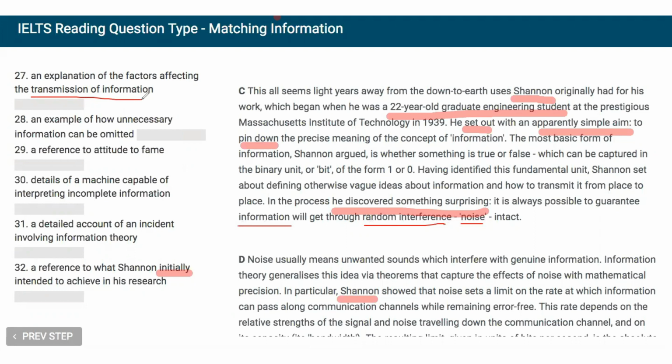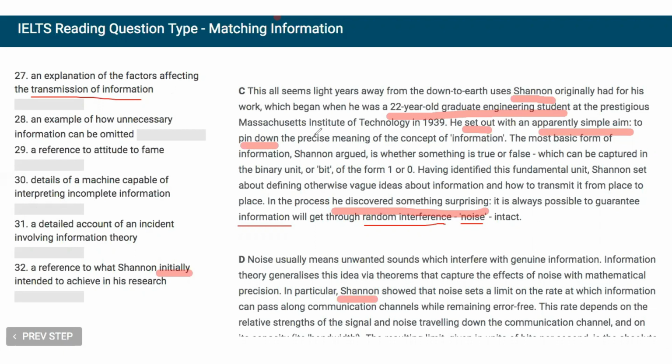So you have to make a choice between number 27 and number 32, and you have to think a bit logically and use some critical thinking skills. This is an example of how the matching information question type sets out to confuse the test takers. You see we have these 3 keywords included in this paragraph.